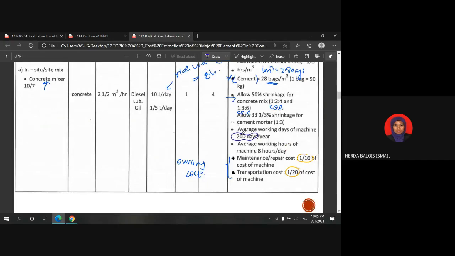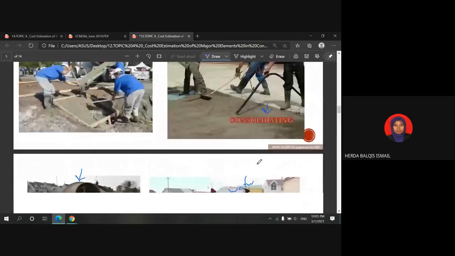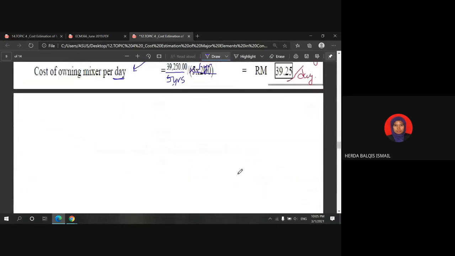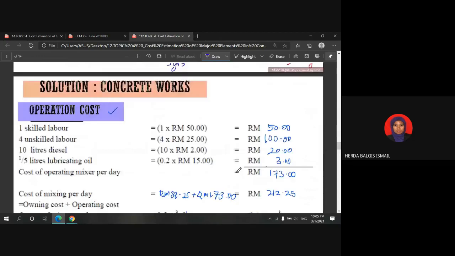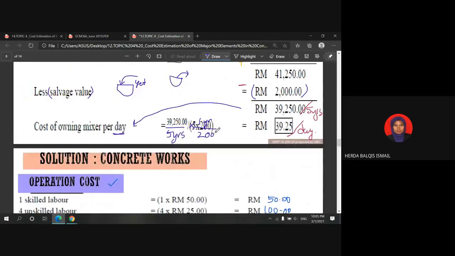By referring to this constant in the table, we use it, so that's why you put here the 200 days. You solve and you will get the cost of owning the mixer per day is 39 ringgit and 25 cent per day.